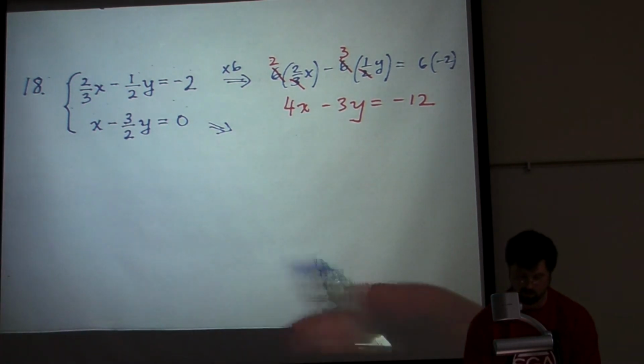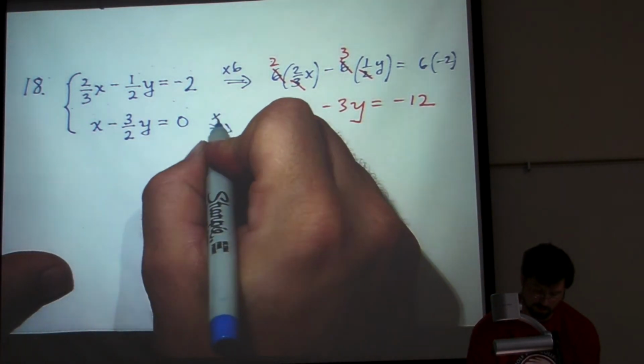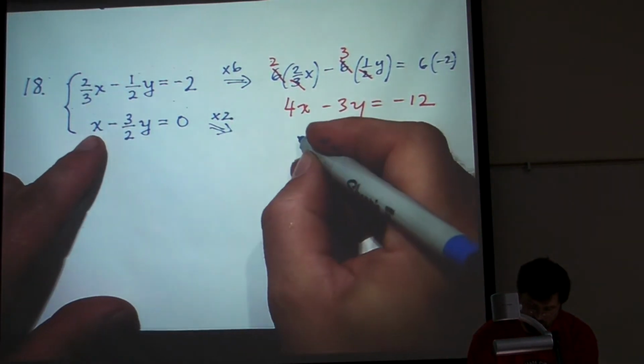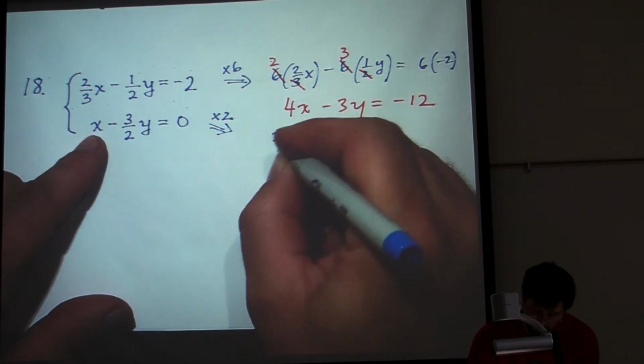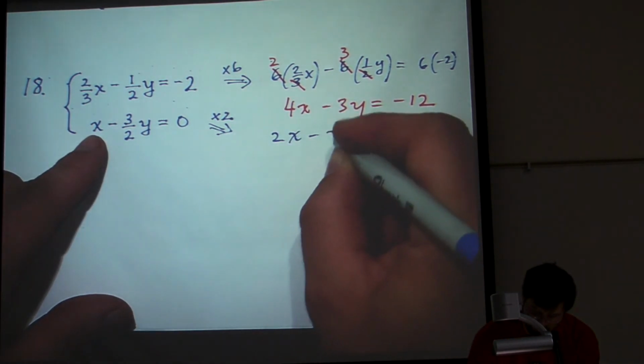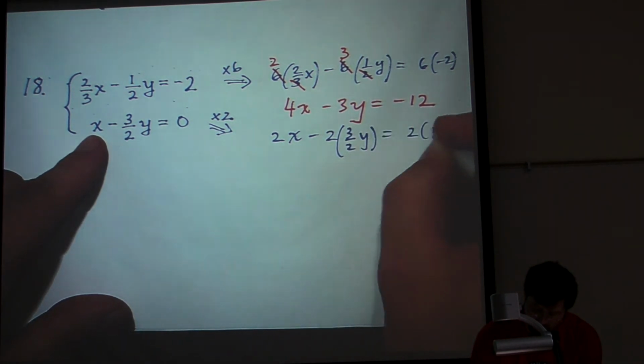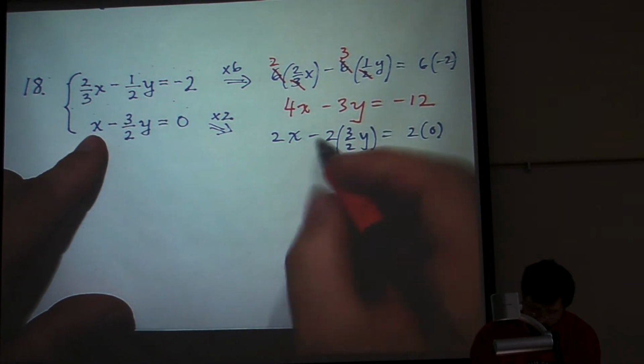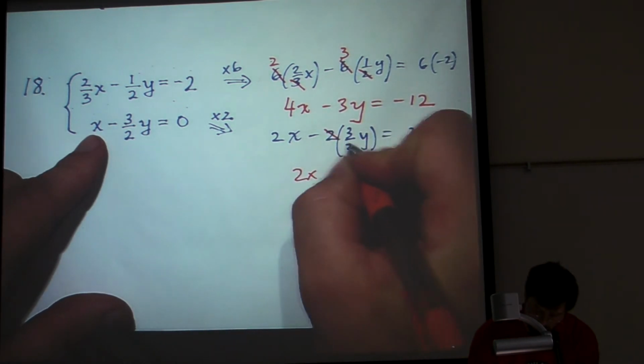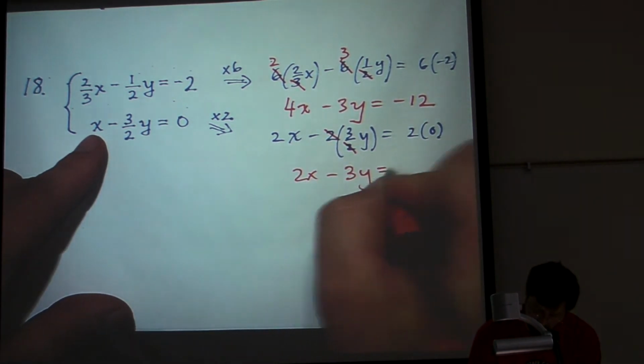Let me just do what I would normally do then. I'm going to multiply by 2, and I'm going to end up with 2 times x minus 2 times 3/2 y equals 2 times 0, which simplified is 2x minus 3y equals 0.